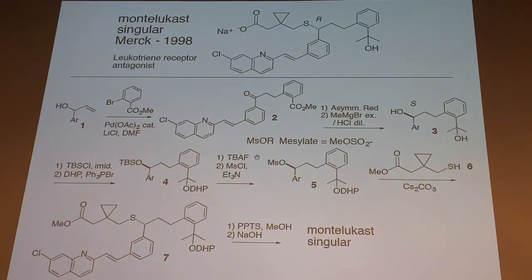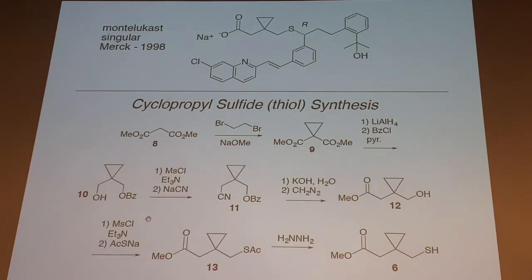Here we're putting on a mesylate group. That's like a tosylate. It has a methyl group there. And then here's our charged nucleophile. This carbonate base can take the proton off the sulfur. And then the backside attack inverts that stereochemistry right there. And that's Singulair, another asthma drug.